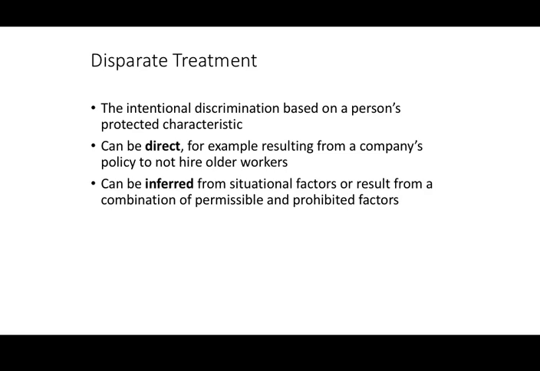So things can be very direct and very specific, or they can be very much inferred given the juxtaposition or the proximity of two events occurring. So we want to be really careful about the context within which we are making employment decisions, so that it is not inferred that we're using discriminatory information in order to make that hiring decision, because then it would be prohibited in that situation.